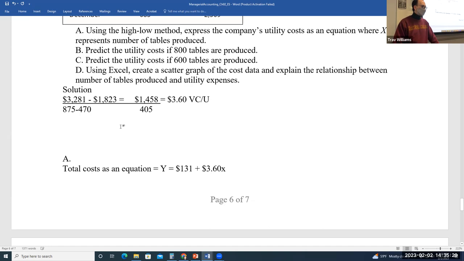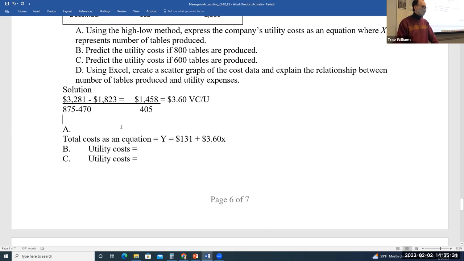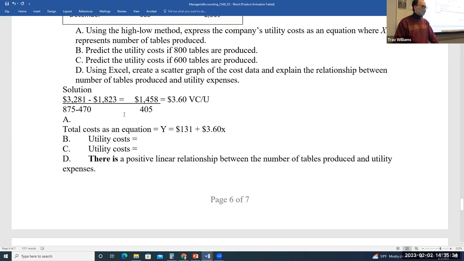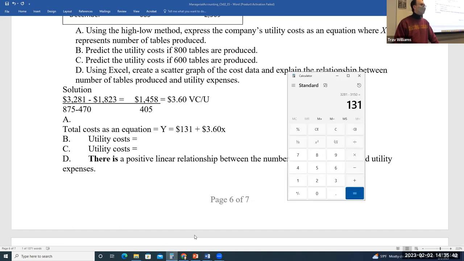All right, any questions? So B says predict the utility costs if 800 tables are produced. How do we do that? Use that magic formula that's right here, right? Where do we start?